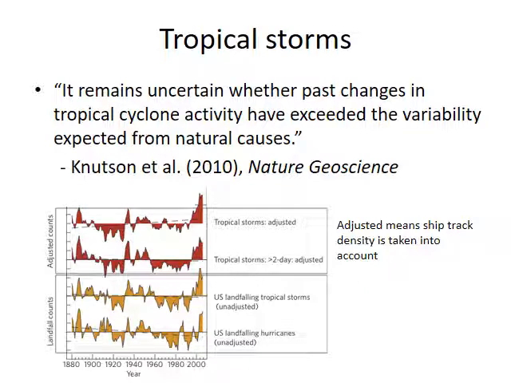There's been a study by Knutson et al., Nature Geoscience 2010, where he concludes that it remains uncertain whether past changes have exceeded the variability expected from natural causes. So essentially, there's no conclusive evidence that the number or strength of hurricanes and tropical storms in general have been changing over time.